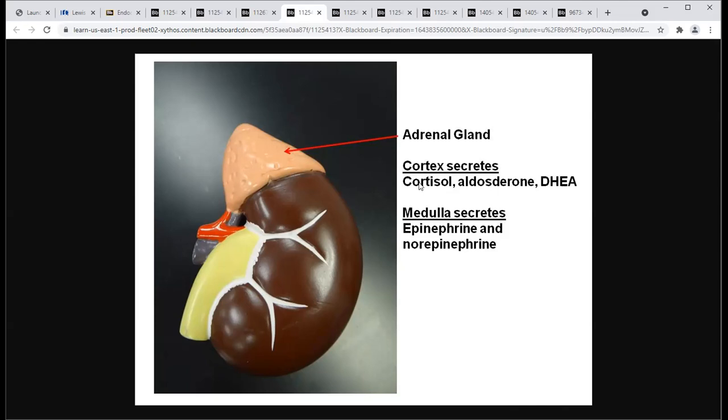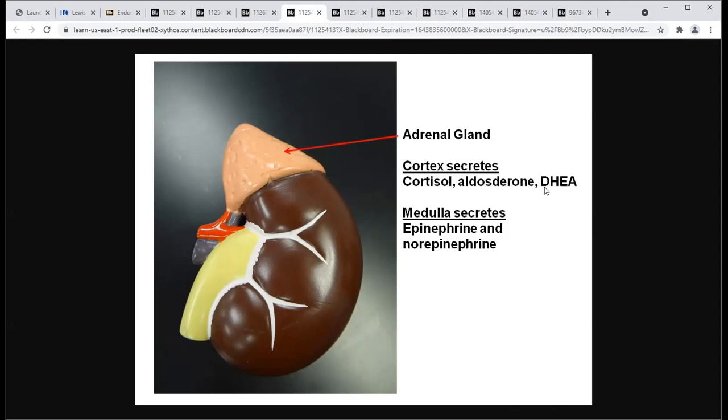The third steroid here that we'll mention from the cortex is DHEA, dehydroepiandrosterone. DHEA has many target cells: uterus, mammary glands, and other body cells involved in secondary sexual characteristics. This hormone DHEA is not significant in males because those secondary male sexual characteristics are stimulated by testosterone a lot stronger.